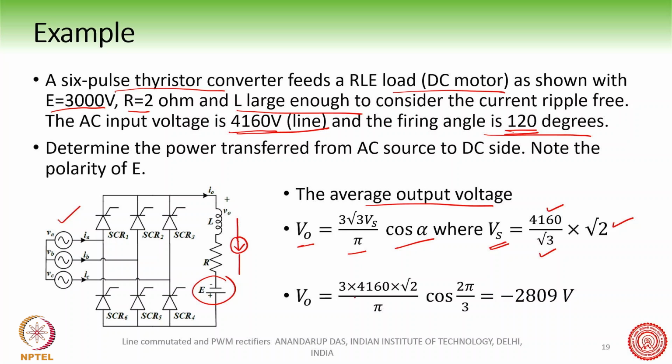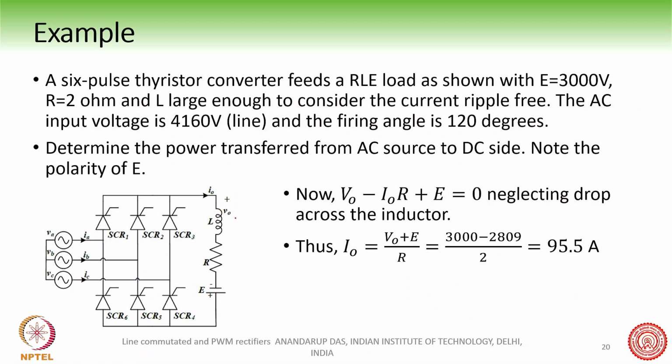So this is Vs. Putting in this value, we get V0 as minus 2809 volt. This is the voltage, V0, plus here, minus here. Average output voltage is minus 2809.